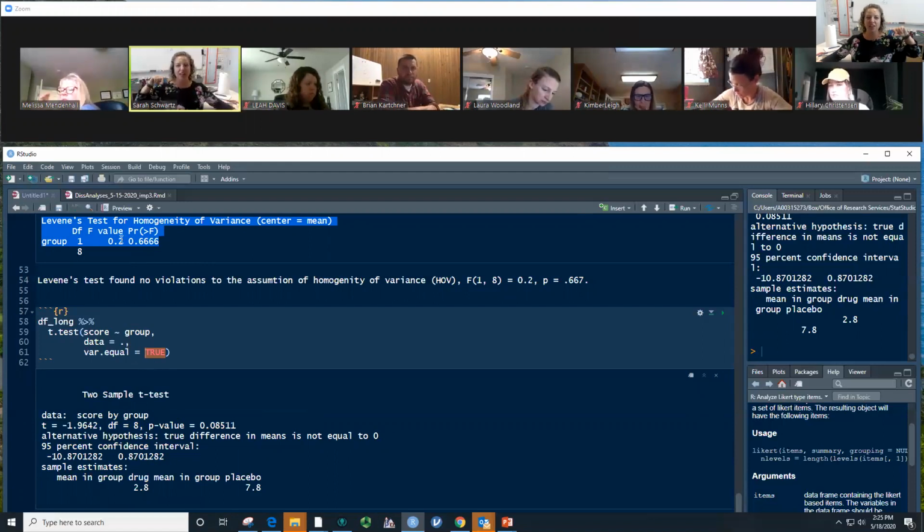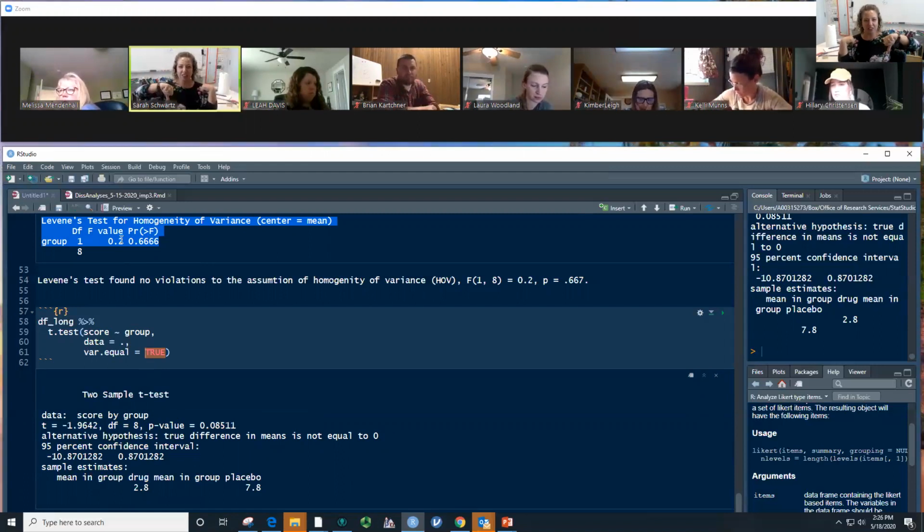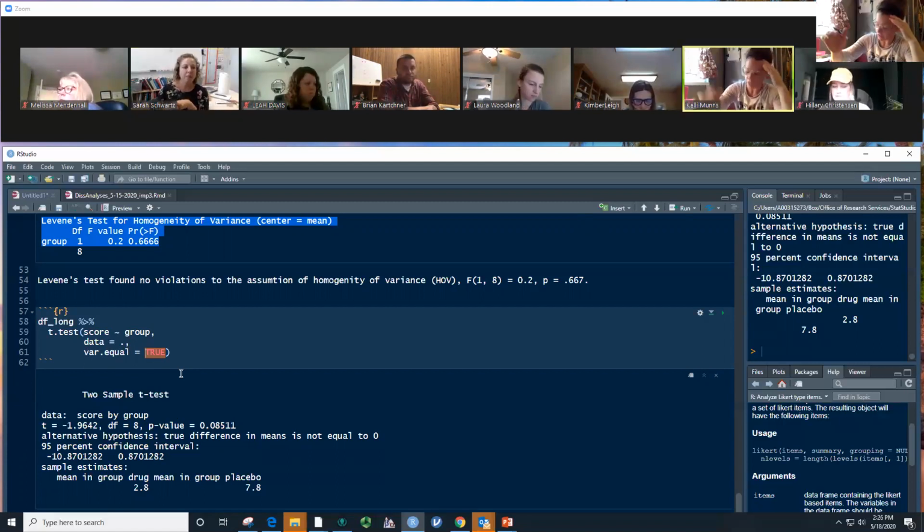If this p-value is small, how small? Less than our alpha, which is usually 0.05, then we'd say don't treat them as equal, and we do the Welch's adjustment or the separate variance test. So if the p-value is smaller than the alpha, then we don't treat them the same.